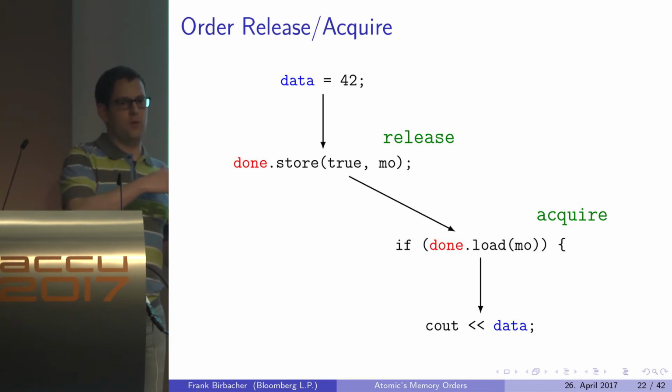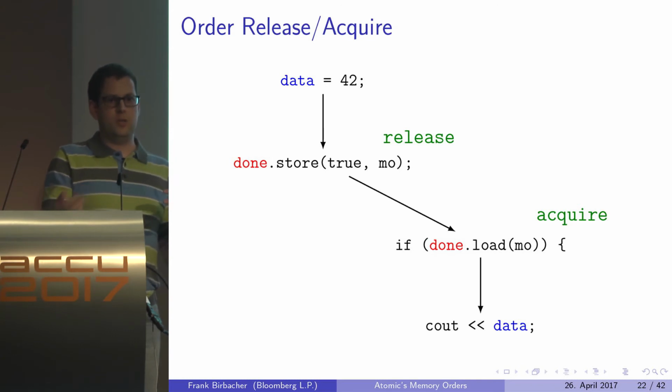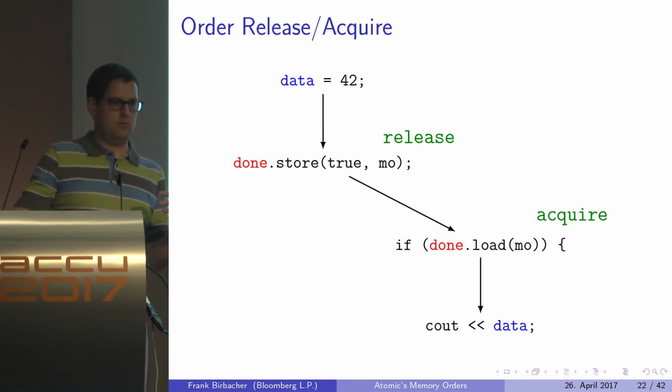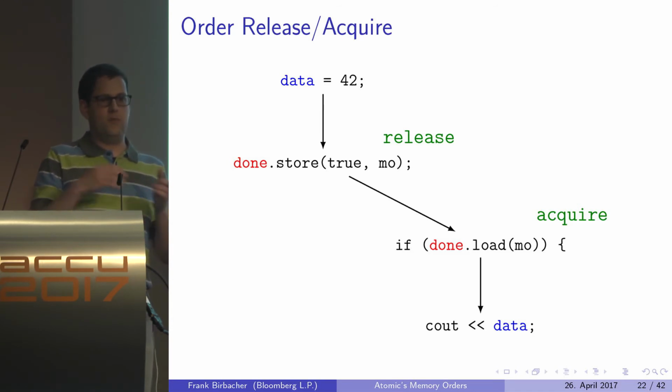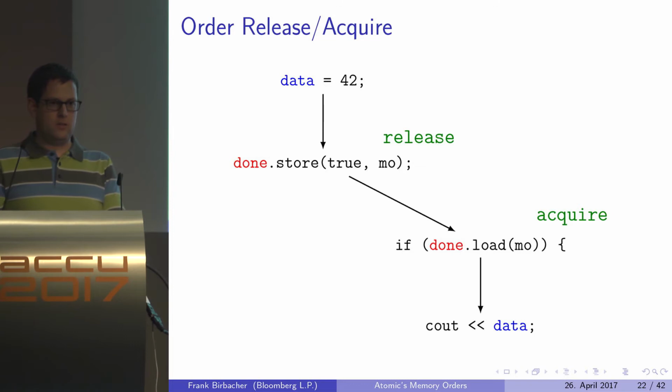Once we store the flag, all the accesses we specified before are guaranteed to become visible to the other thread who is observing the stored value from the atomic variable.